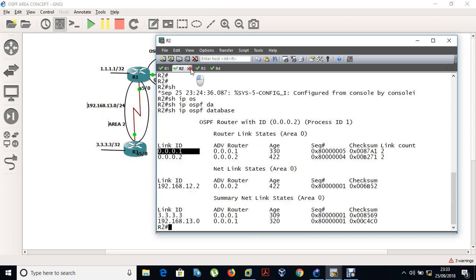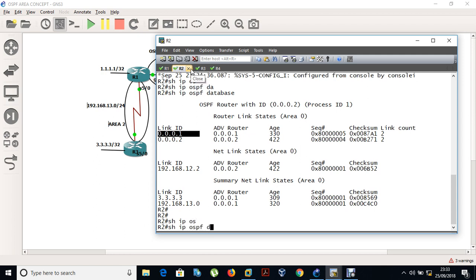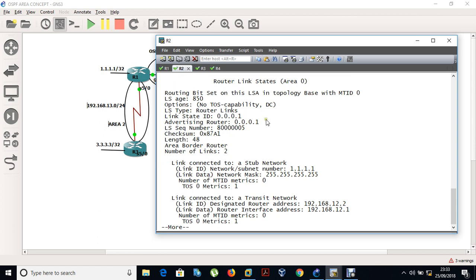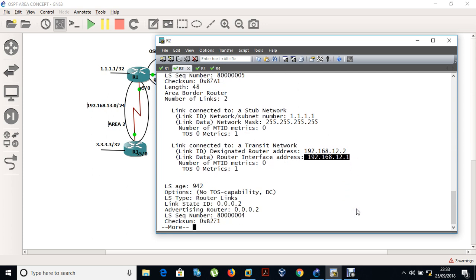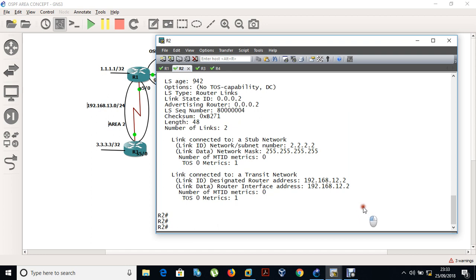If you go to R2, it's the same. Show ip ospf database router. R1 is still advertising two links, as we said in here. One is 1.1.1.1, and we have seen that on R1 as well, and the second link is 192.168.2.1.